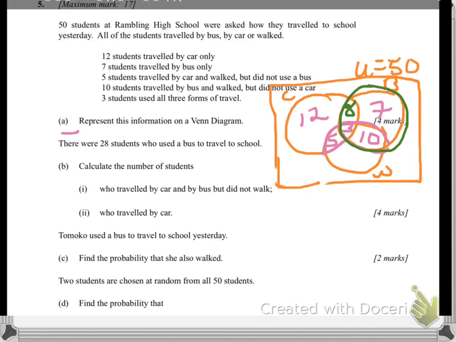Okay, calculate the number, so that means we have to show some math because it says calculate. Who traveled by car and by bus but did not walk. So that was what? 28 minus 7 plus 3 plus 10, which is 28 minus 20, which is 8 students.